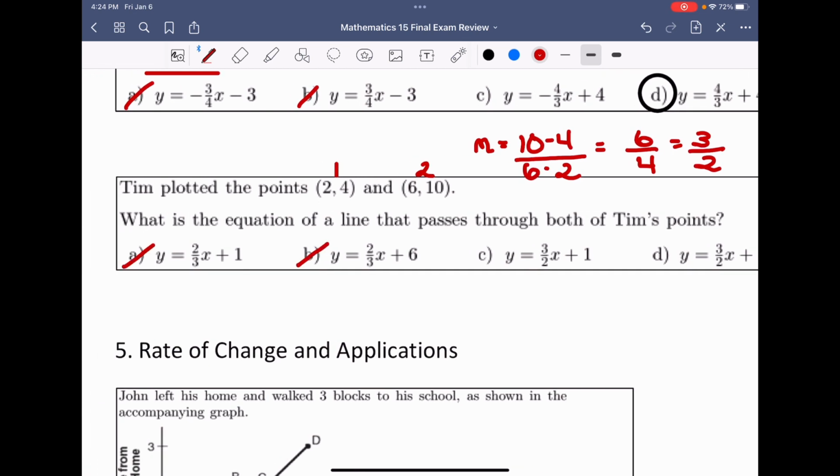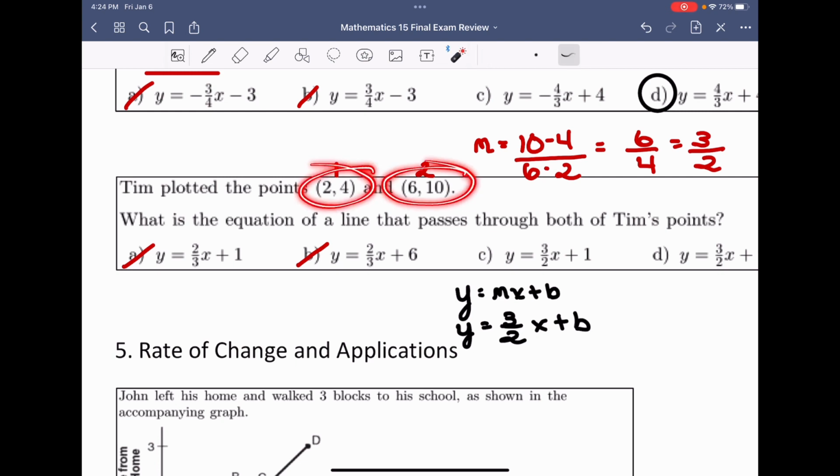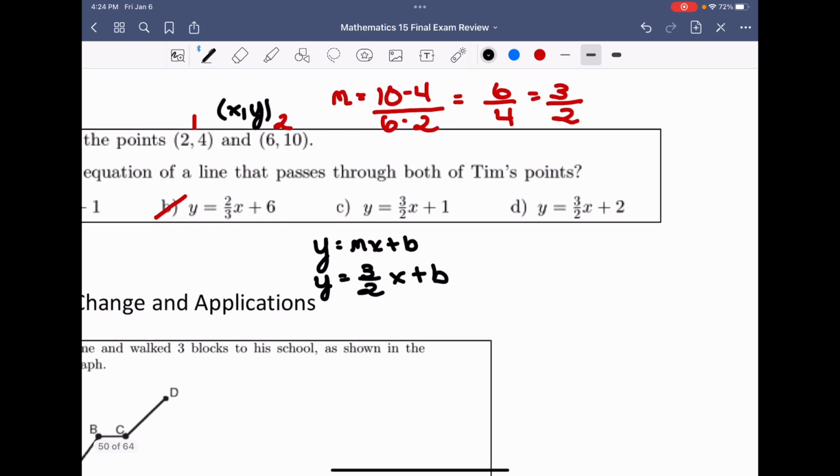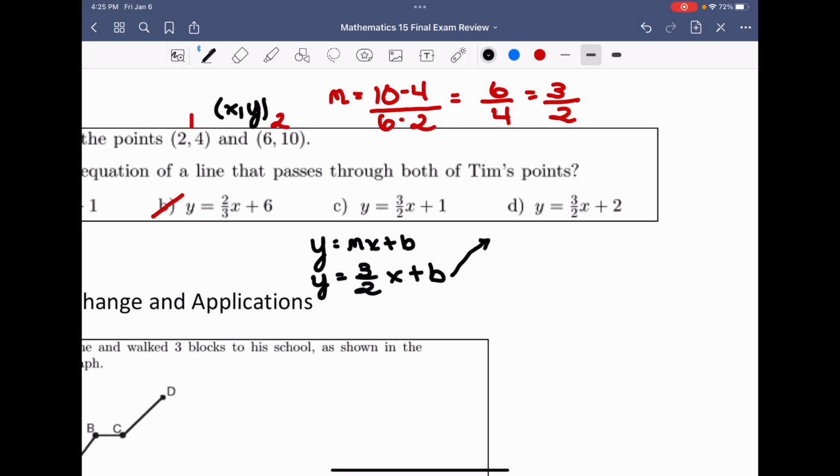We then have to say, okay, well, if we know the equation is y = mx + b, and we now know our equation is y = 3/2x + b, now just choose either one of these points, (2, 4) or (6, 10), because remember, these represent an xy ordered pair. Okay, so off to the side here, I'm going to sub in, let's say I highlight the point I use, (2, 4).